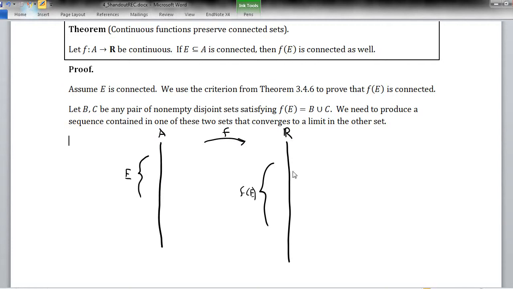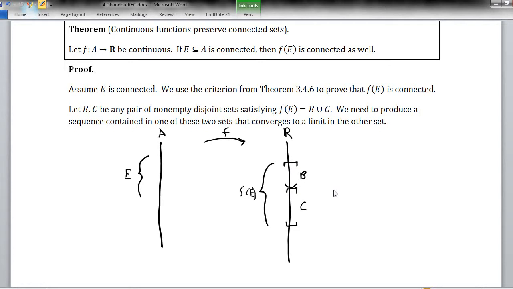Now to prove f of E is connected, we are going to split it up into two pieces, which I could represent, for example, like this. Maybe this is B and this could be C. Okay, so the union is all of f of E. They're not empty and they're disjoint. They don't have any points in common.